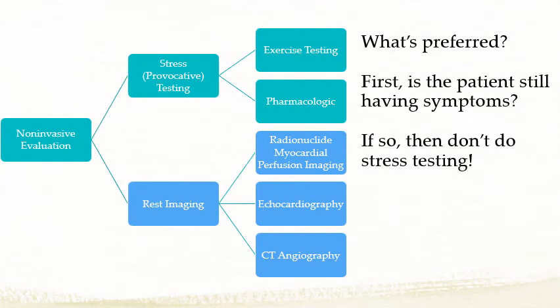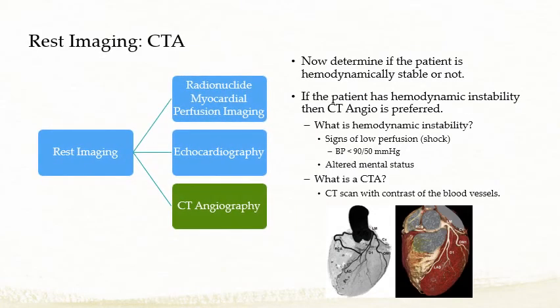So how do we select between stress testing and non-stress testing? Well, the main way is if the patient is still having symptoms, then don't do any stress testing. Okay? That's basically it. If the patient is having symptoms, then you're not going to go into that stress testing, and now we're going to be deciding between the nuclear medicine, echocardiogram, or CT angiography.